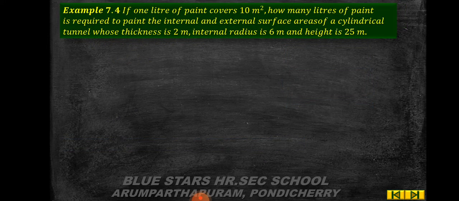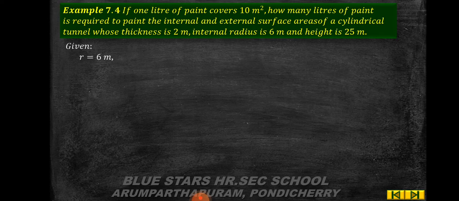Next example 7.4. If 1 liter of paint covers 10 meter square, how many liters of paint is required to paint the internal and external surface areas of a cylindrical tunnel whose thickness is 2 meter and internal radius is 6 meter and height is 25 meter?